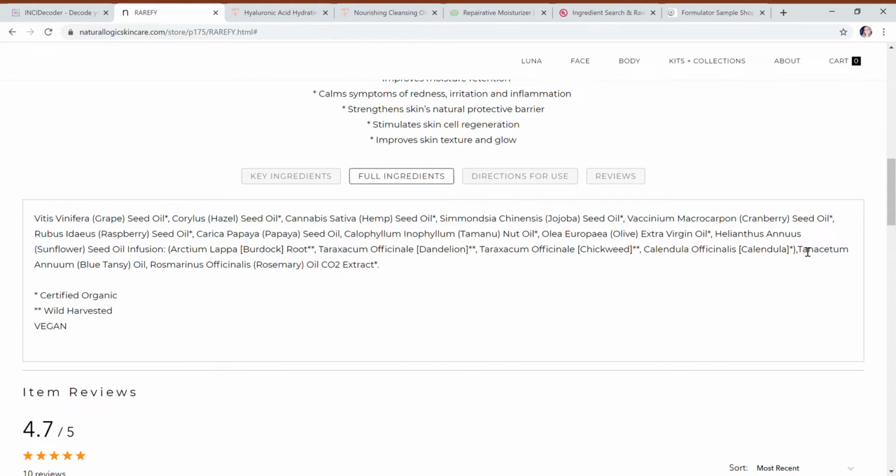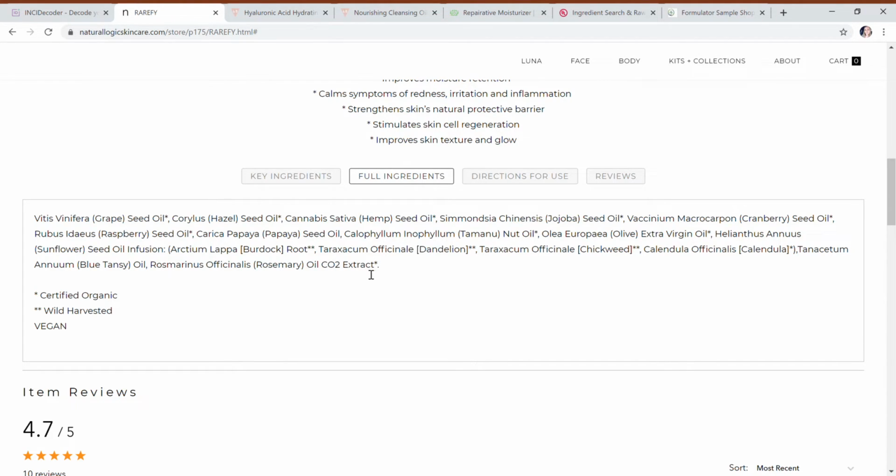In facial products, essential oils are typically used at 1% or less, and this is the only essential oil in this product, so I'm guessing that this blue tansy oil is used at around 1% or less. And then this rosemary CO2 extract is going to be quite a bit less than that. It's usually used at about 0.1%.